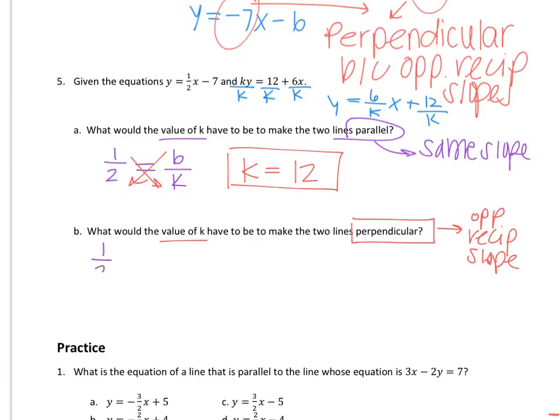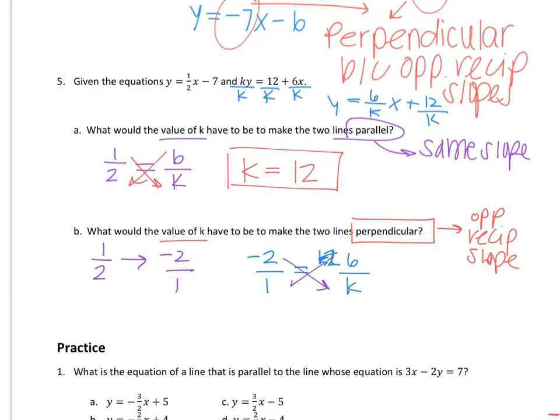So I'm going to take this first slope that was already given in the first equation, and I'm going to make its opposite reciprocal. Once I have that opposite reciprocal, I now set it equal to my other slope, 6/k. So again, first find the opposite reciprocal and then set it equal to the new slope.